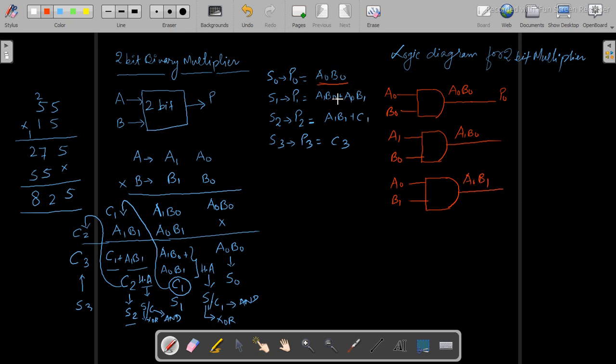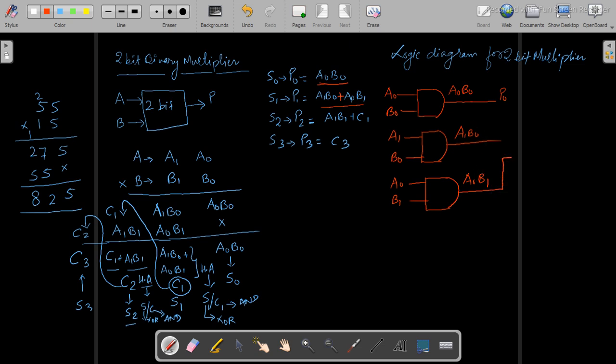So if you see this logic, a1 b0 using an AND gate, a0 b1 using an AND gate, and there is an addition between the two of them. So if we use a half adder over here, for the half adder we can implement an XOR gate for the sum and an AND gate for the carry, because after adding two numbers, we'll definitely get a sum. To obtain that sum, we need an XOR gate, and for getting an output in terms of carry, we need to fit an AND gate along with this diagram.